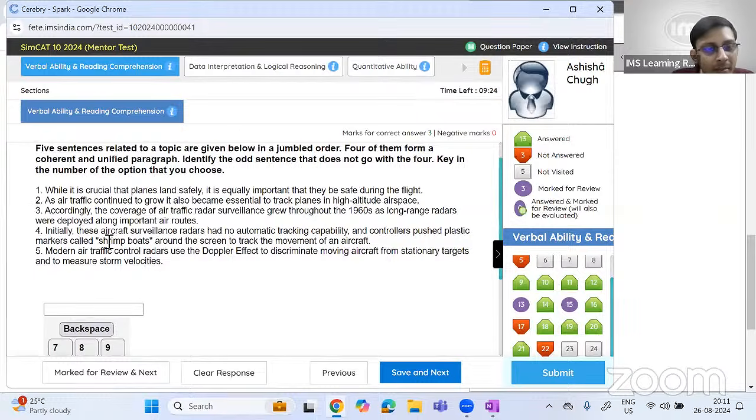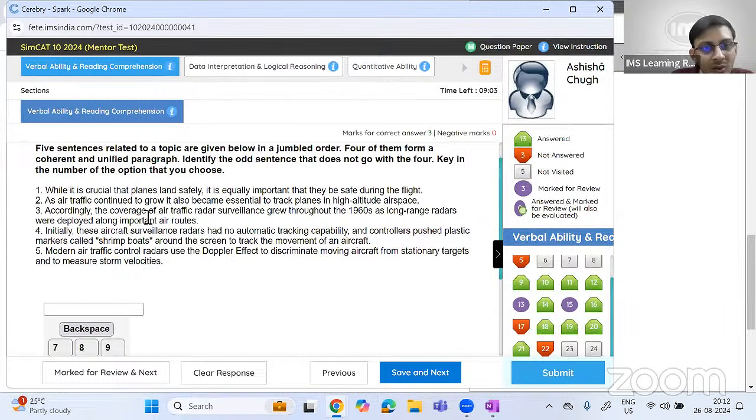If I try to make a paragraph, maybe 1 would be the first one: planes land safely, then safe during the flight. Then the second one, as it grew, it became essential.